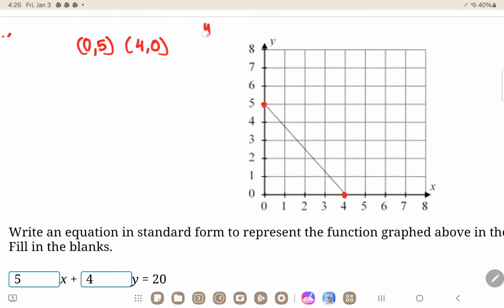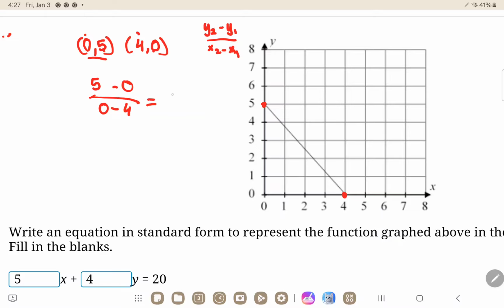To find the slope, we do y2 minus y1 over x2 minus x1. For y and x, 2 and 1, you choose which one you need to start with, but you need to stay consistent with it. I'm gonna start with this to be our y2. So y2, which is 5, minus y1, which is 0, over x2, which is 0, minus x1, which is 4.